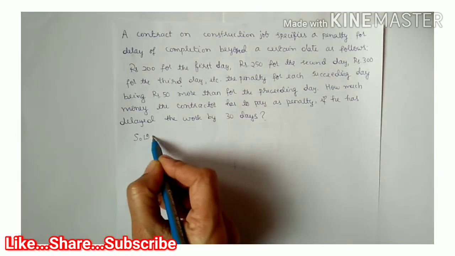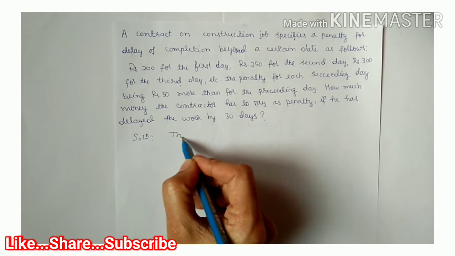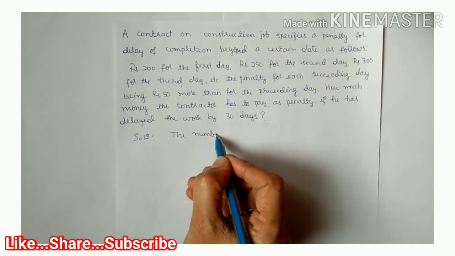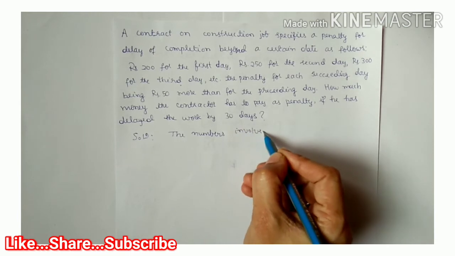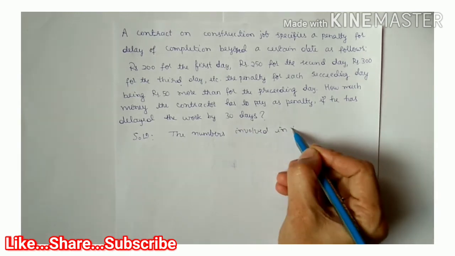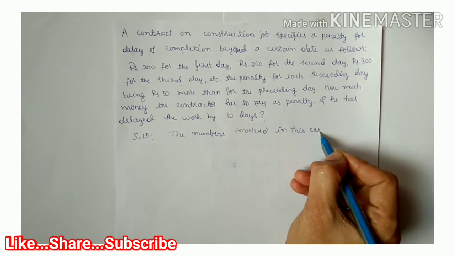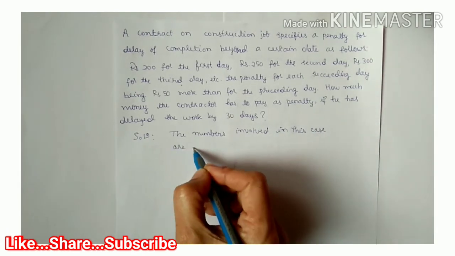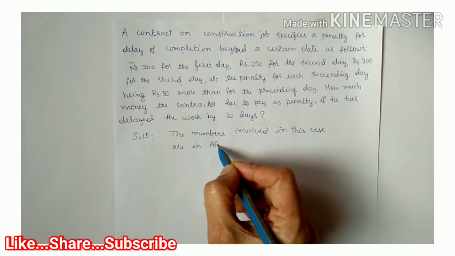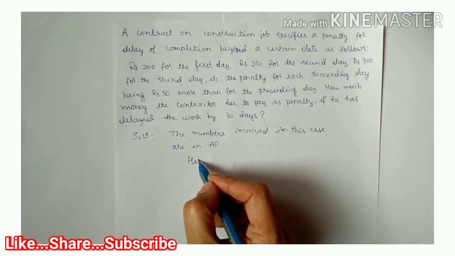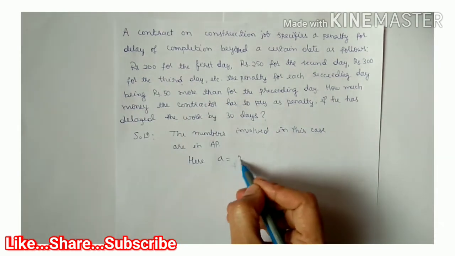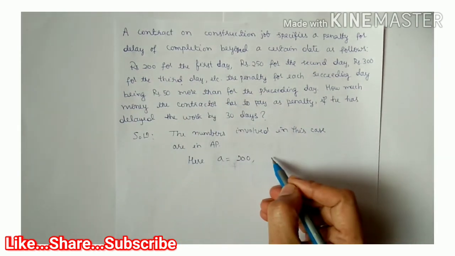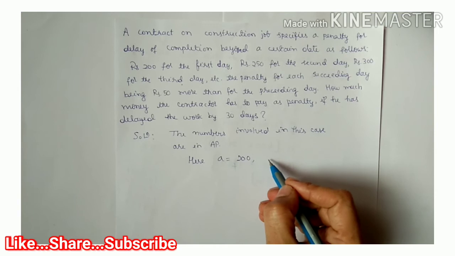Solution. The numbers involved in this case are in AP. Here first term is rupees 200 for the first day, therefore first term is 200.